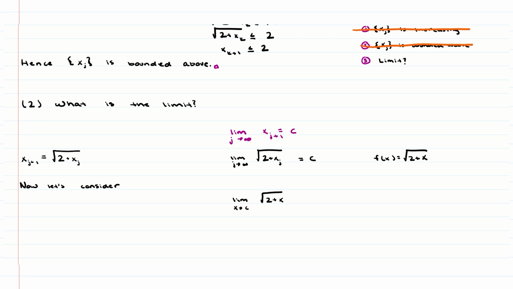Now, if f of x equals the square root of 2 plus x, let's consider the limit as x approaches c. In this case, c equals the square root of 2 plus c. And we're able to replace x with c because the limit of the function of the sequence equals f of c by definition. So at this point, we just need to solve for c, and we'll do that by squaring both sides. And that'll give us c squared equals 2 plus c.